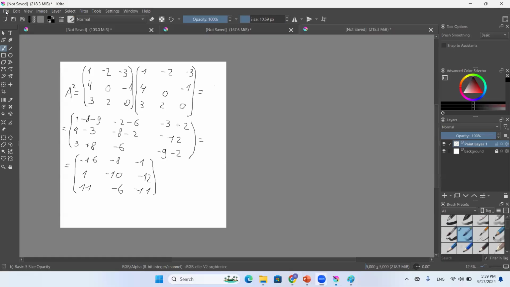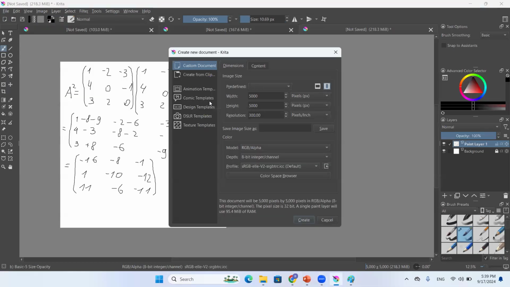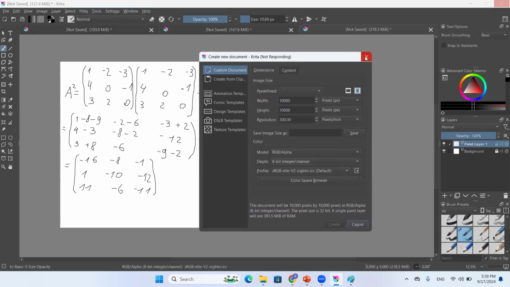Okay, and now let's calculate the rank of the following matrix. Let's go with a bigger size. Yeah, it uses a lot of RAM. That's why it's not responding. Okay, so let's continue in Paint.